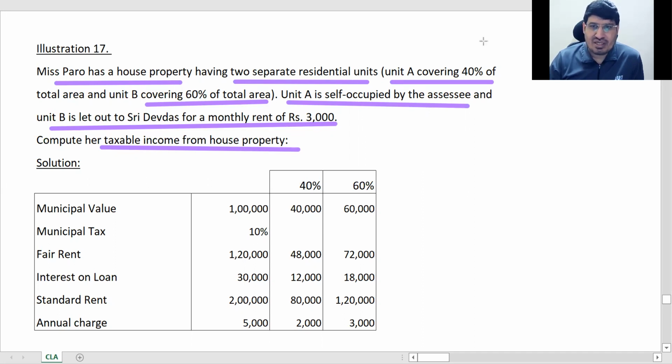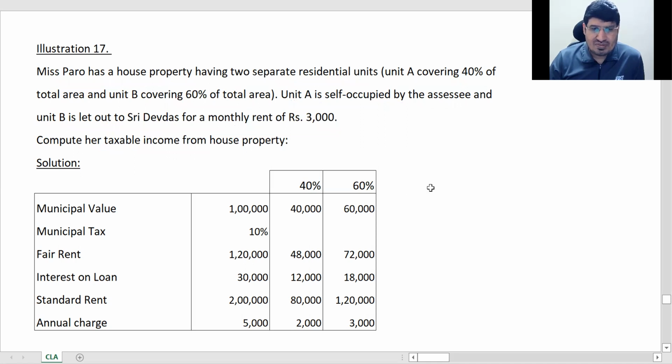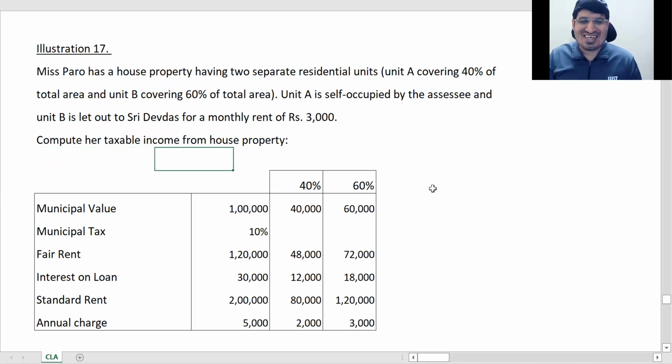Sorry, that's what I got confused. This is not the solution, this is the continuation of the problem. So take it, this is your problem. This is our whole problem.